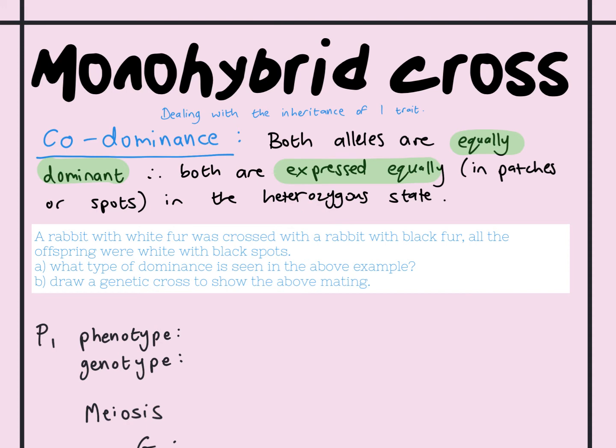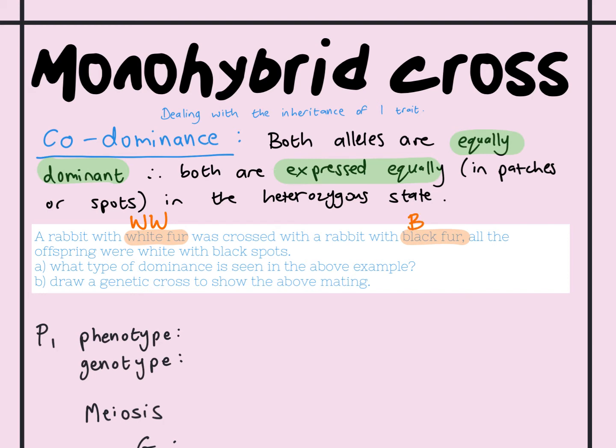So if you look at this example, we have a rabbit with black fur and a rabbit with white fur. So we use the same letters that we used for the incomplete dominance example. The rabbit with white fur, a W is going to be a white allele, and any individual with white fur will have 2 W's because they will have 2 letters in their genotype.